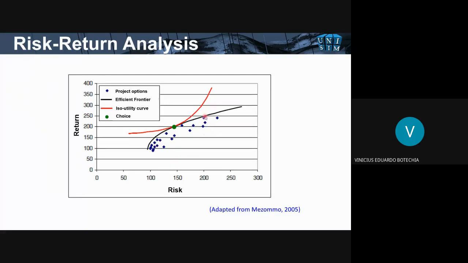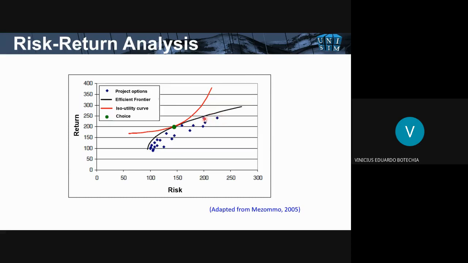So, for instance, let's see these 2 points here. If your doubt is between these 2 points, these 2 options, of course you choose this one, right? Because they have the same return, but a lower level of risk. So this option will be discarded, will not be chosen.